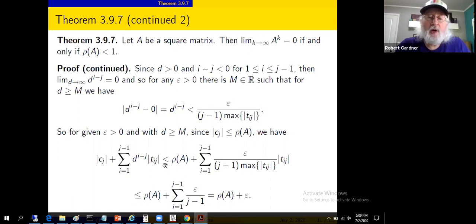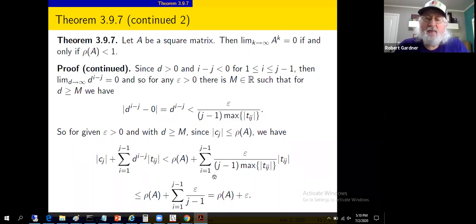The strict inequality comes from the other part. We've got this d to the i minus j, and we've got that thing bounded by this stuff here. So we'll replace the d to the i minus j with that stuff there. We get a t sub ij, absolute value of, on the right-hand side, and that's why we chose the maximum thing.